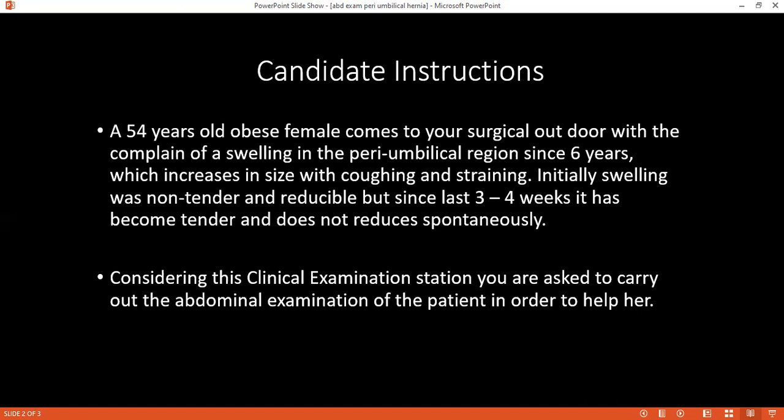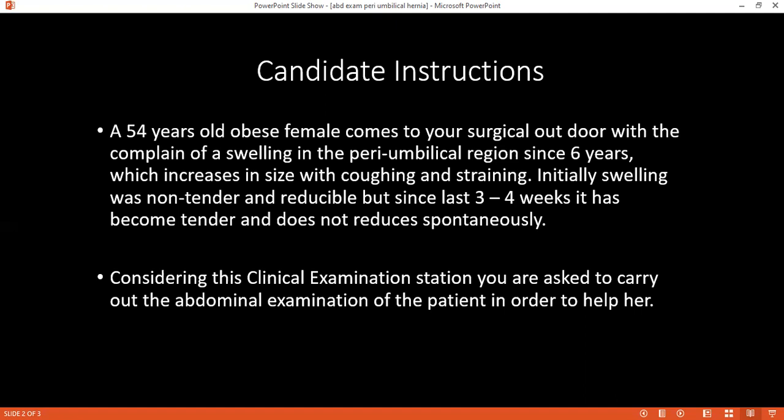To confirm my diagnosis, I want to do an abdominopelvic ultrasound to look at the swelling, to better assess the swelling, the origin, the content. If possible, I can even request a CT scan. I can also do a plain abdominal X-ray to rule out any features of intestinal obstruction.